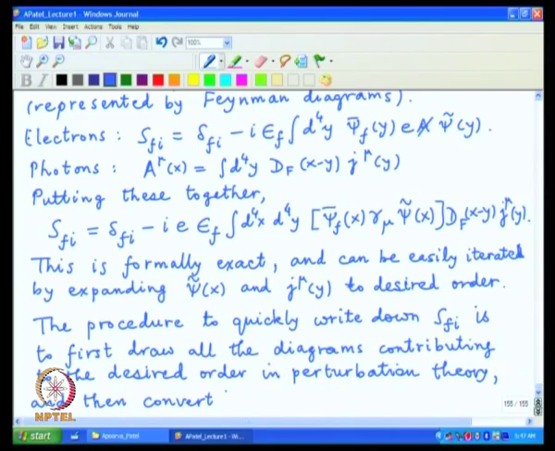So, first we draw the diagram to any desired order and then convert what is represented by this diagram to algebraic expressions.